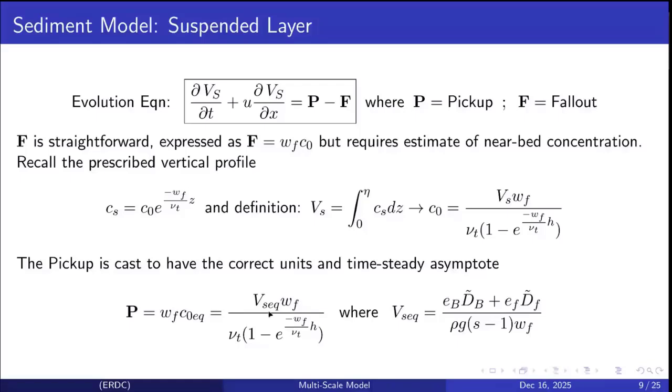Except that now we have also an expression called V sub S, the suspended sediment volume that's in equilibrium. To cast that as something that we know, we're using a trick out of the Seashore playbook, saying that the total volume of suspended sediment in equilibrium, so that's if things were to go on forever without any time variation, would be a function of the dissipation due to breaking and the dissipation due to friction, which is D sub b and D sub f, along with some empirical parameters.